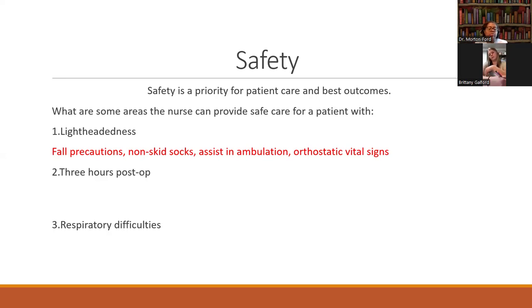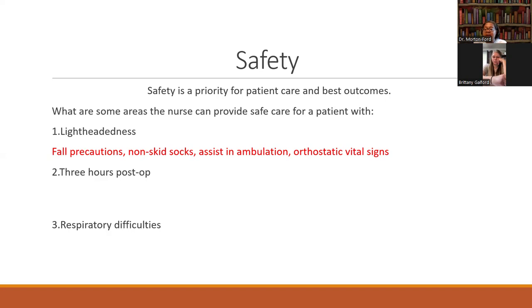So we do want to ensure that those beds are in the lowest position, call lights are in reach, and that we provide that reality orientation as needed. So they can use those call lights, let them demonstrate how to push the bell and ask for assistance.